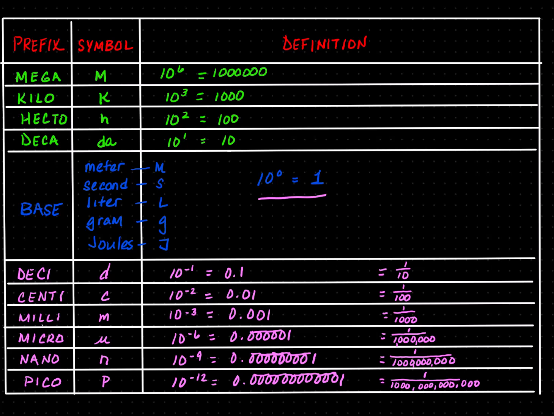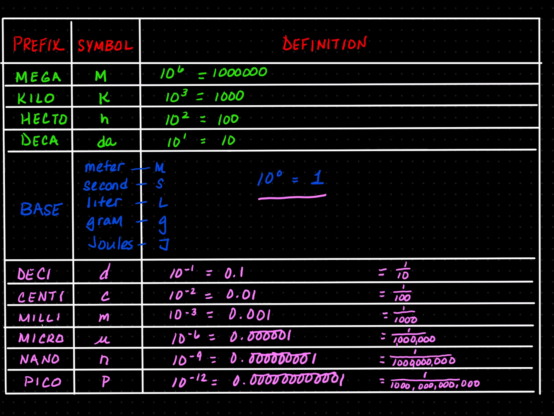Milli is a small m, 10 to the negative 3, which is equal to 0.001, which is equal to 1 over 1,000. Micro, abbreviated mu, or cursive u, is 10 to the negative 6, or 5 zeros and a 1, or 1 over a million.